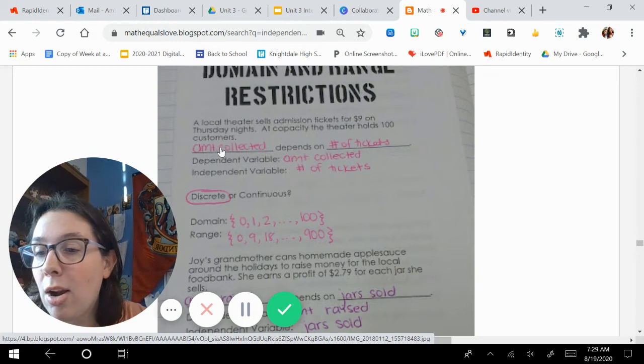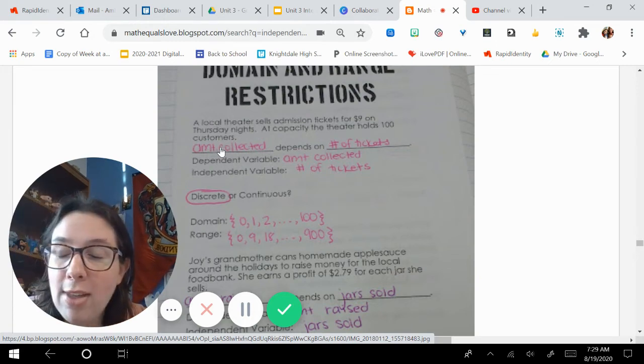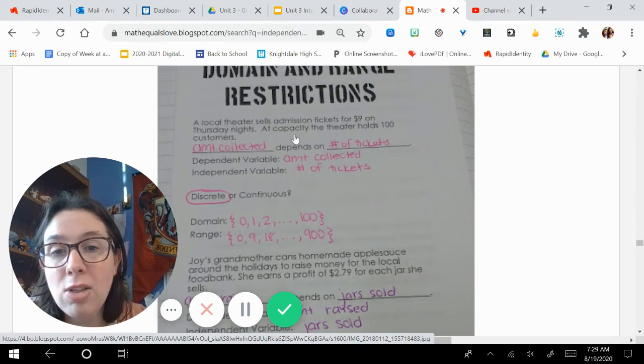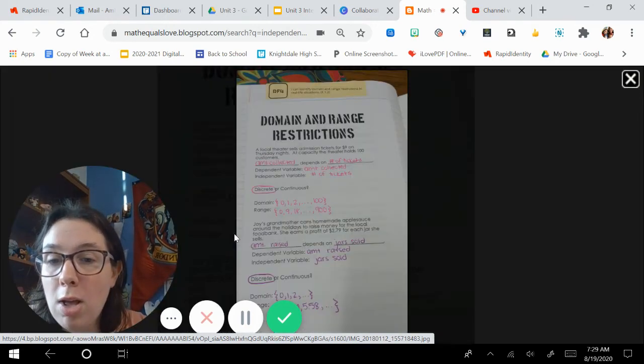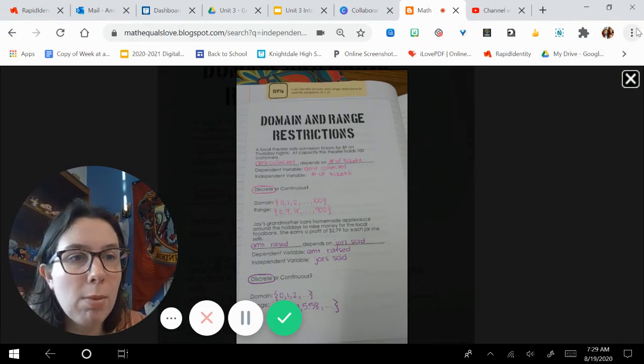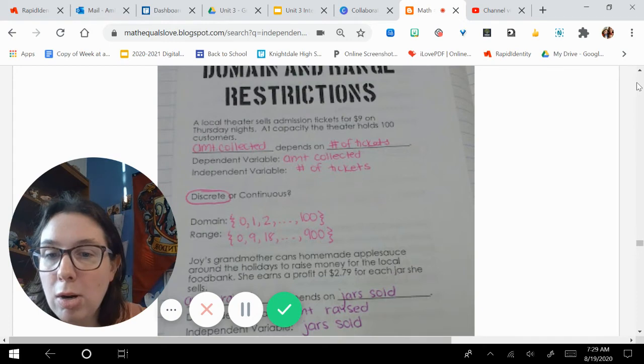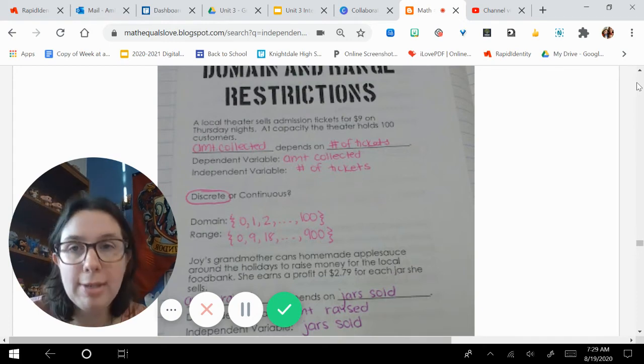Now, is there a limit on how many people the theater can have? Yes, it says at capacity the theater holds 100 customers. So my domain will go from 0 to 100, counted by whole numbers. So 0, 1, 2, all the way up to 100.